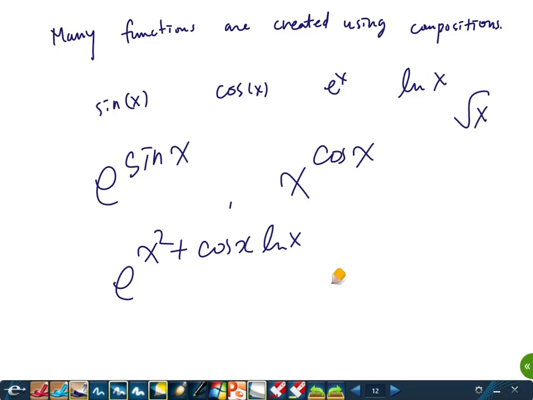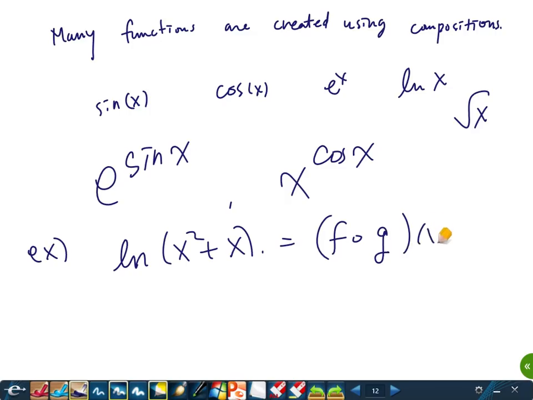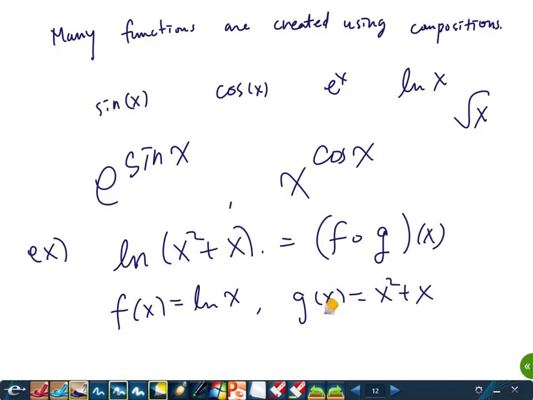For example, think of this simple thing: log of x squared plus x. What is this? This is a composition of two things, where f of x equals log of x, and g of x equals x squared plus x. If you compose f and g, we get this.